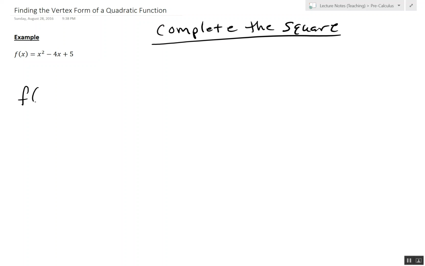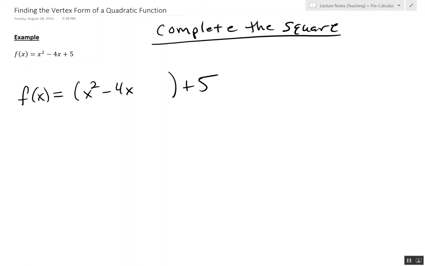So if you take f of x, the first thing we want to do is instead of moving the constant to the other side, we're just going to group the x squared and the x term together, and I'm just going to leave myself a little space plus 5. And we're going to do the same thing as we did before.